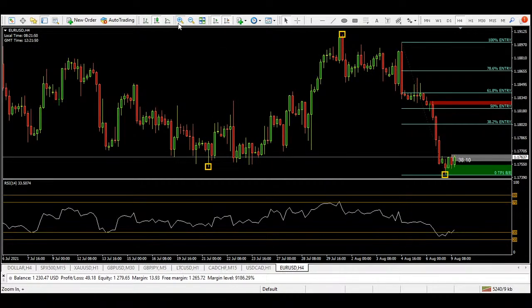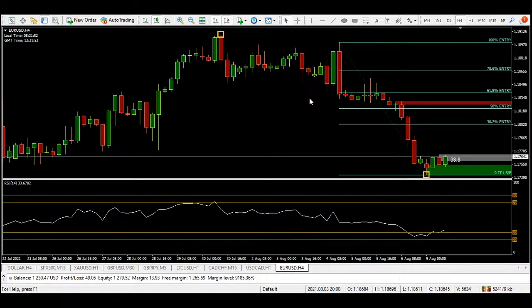Let's see what structure we have. Yeah, probably nothing here. The only thing we have here is a 4-hour candle imbalance. Change my imbalance color.